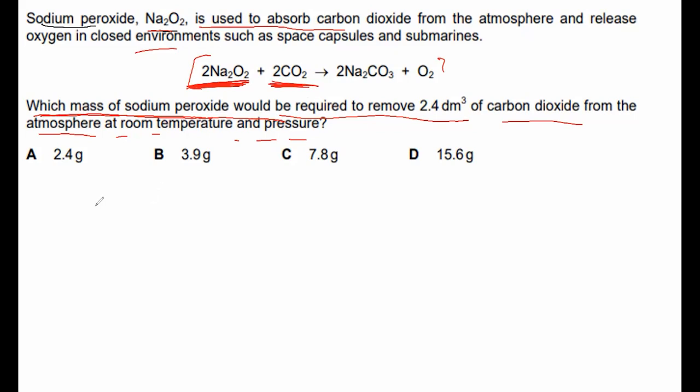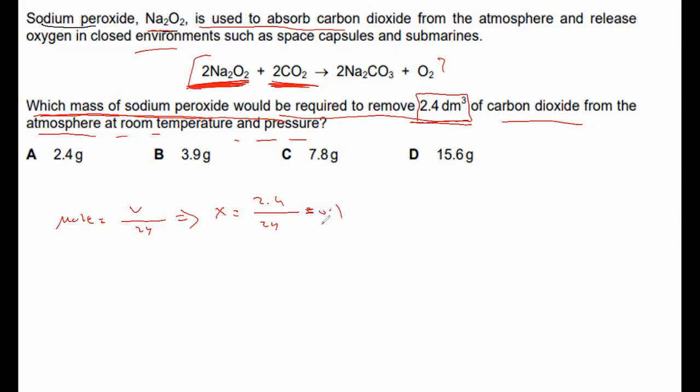Yes. So I will convert the volume here of CO2 to moles. So I would say mole equals volume over 24. This will give us how many moles? Unknown. 2.4 over 24, which is equal to 0.1.